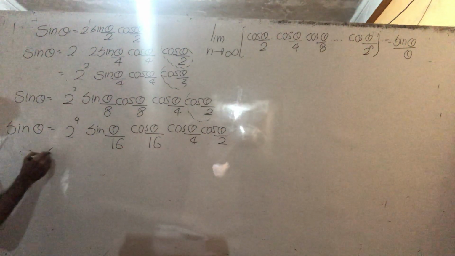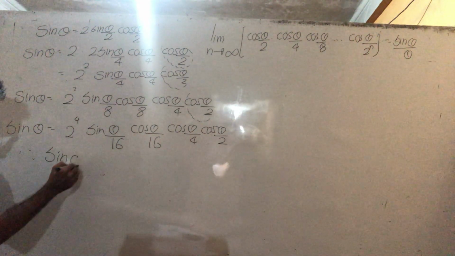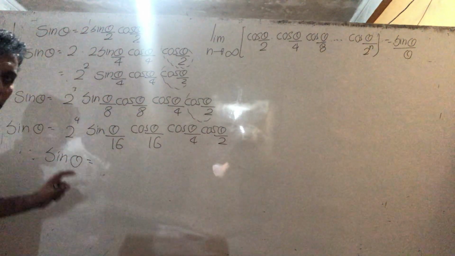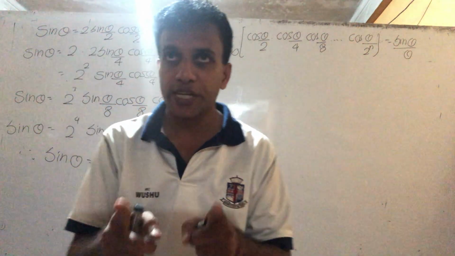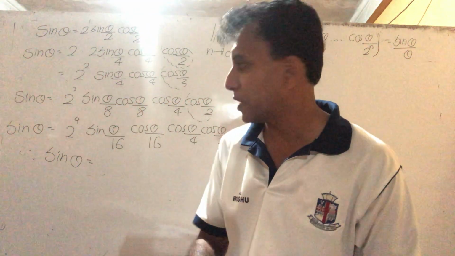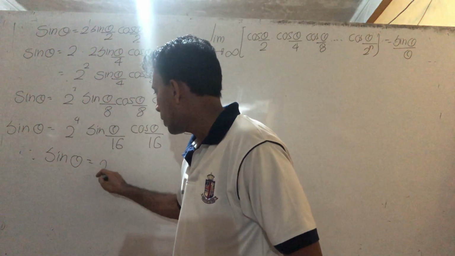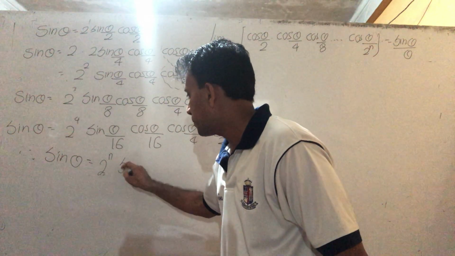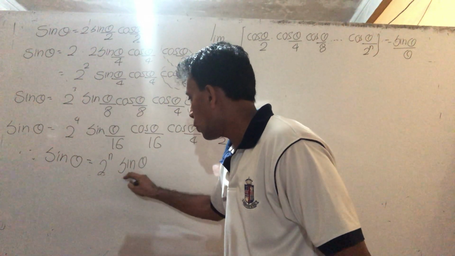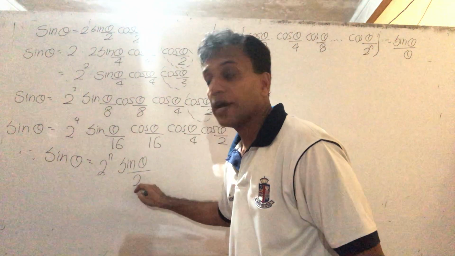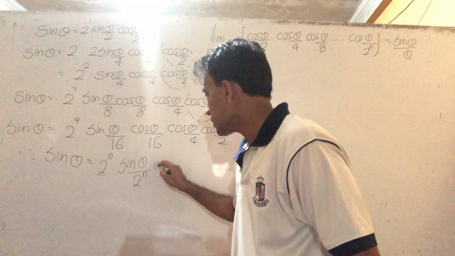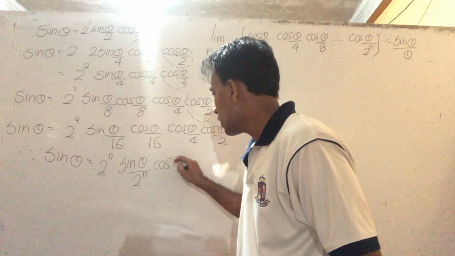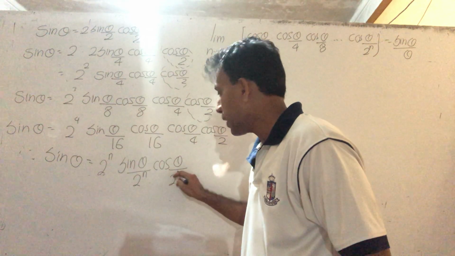Therefore, another pattern, generally: sine theta over 2 to the power n, cos theta over 2 to the power n.